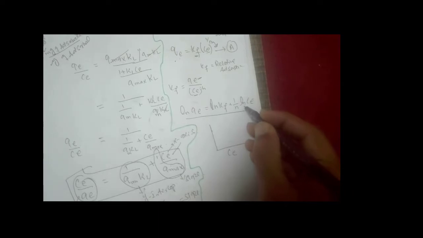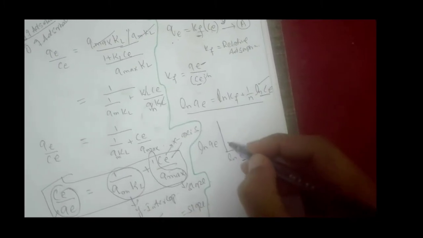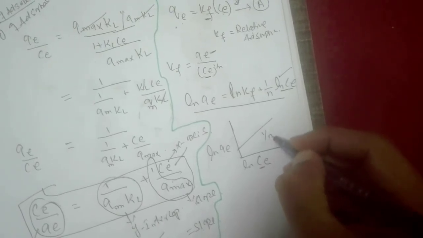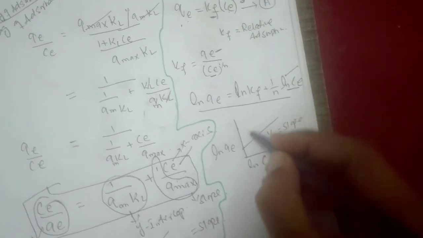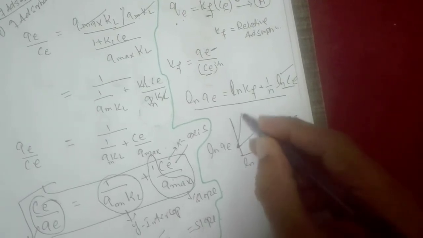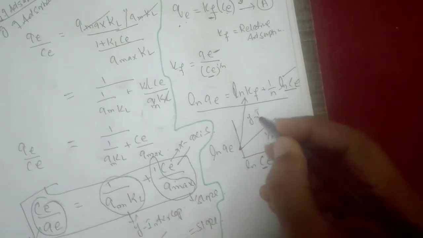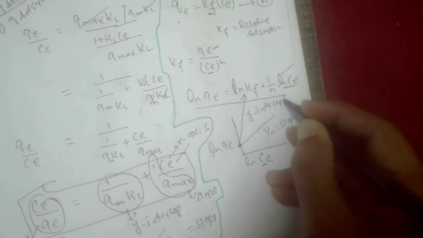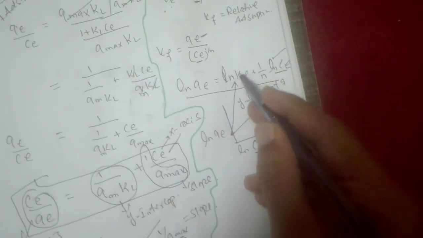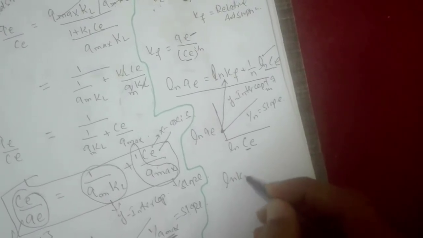So this is again a linear line, where ln Ce is the x-axis and ln qe is the y-axis. 1 over n is the slope of the line, and ln KF is the y-intercept of the line.